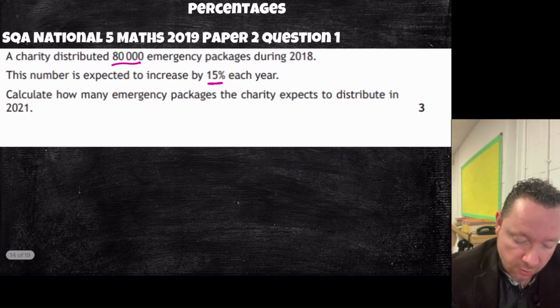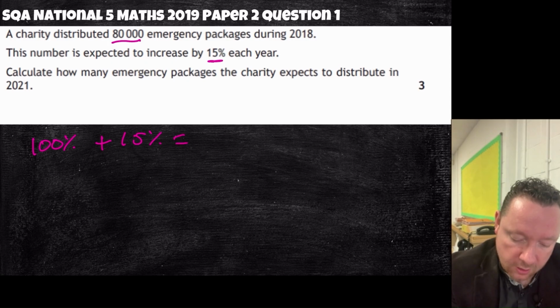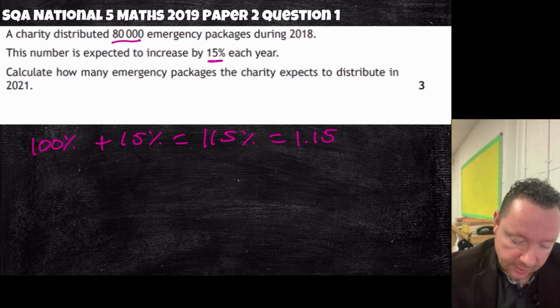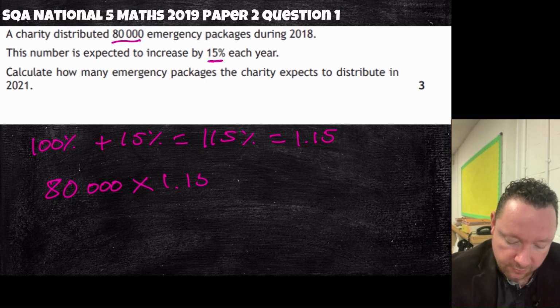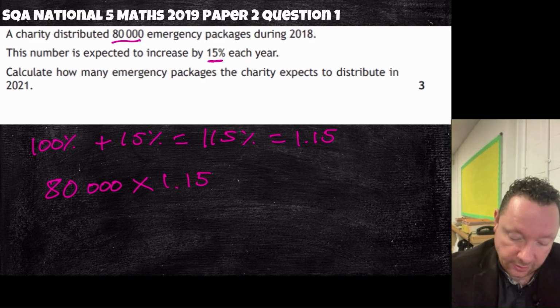Looking at the percent first, we start with 100%, we add 15% because it's going up, 115%, change that to a decimal, which is divided by 100, 1.15. That is our key multiplier. So now we take our 80,000 times 1.15 to the power of the number of years: 18, 19, 20, 21, 3 years.